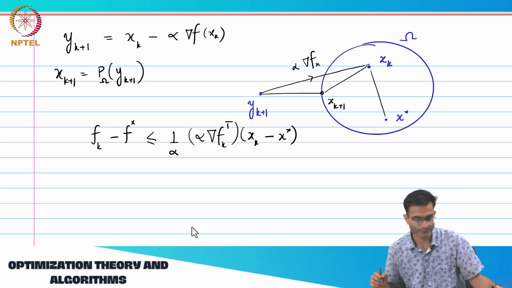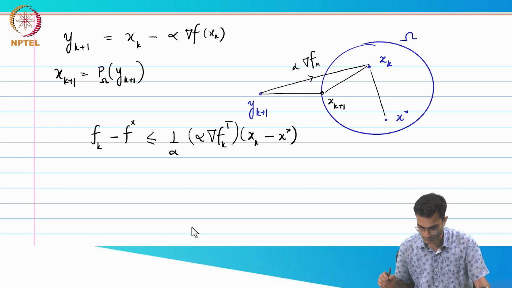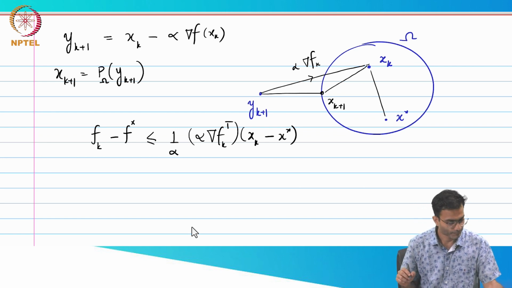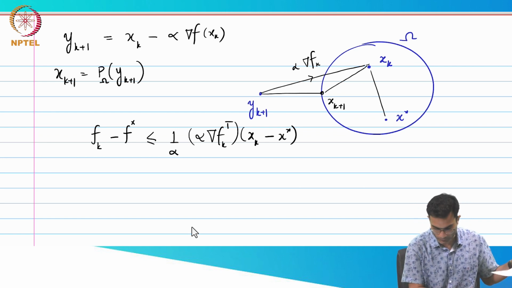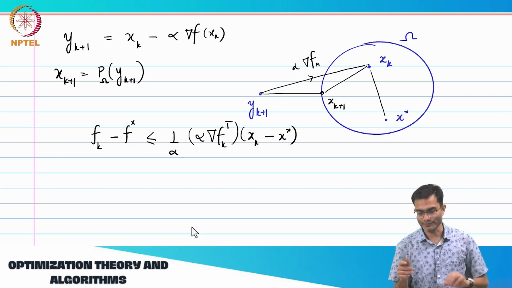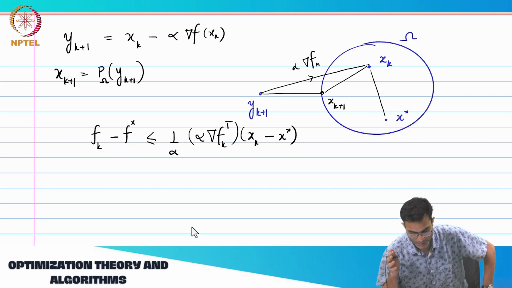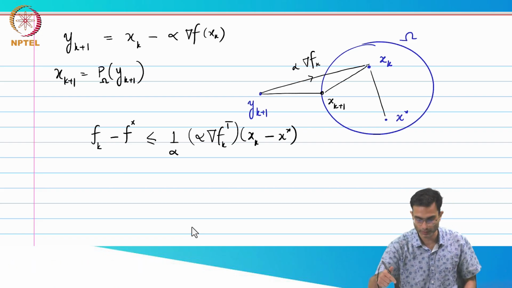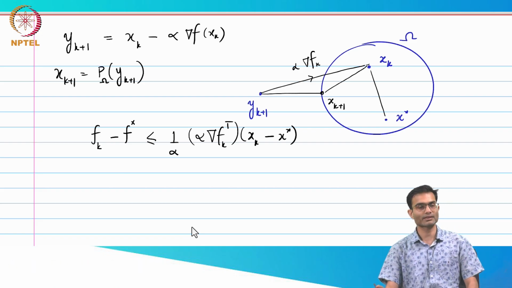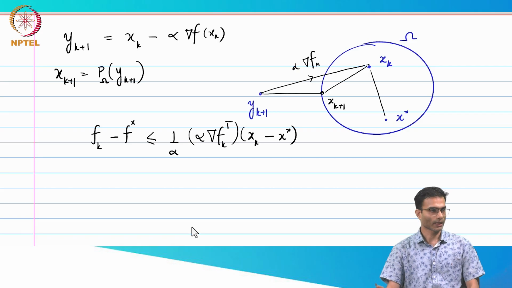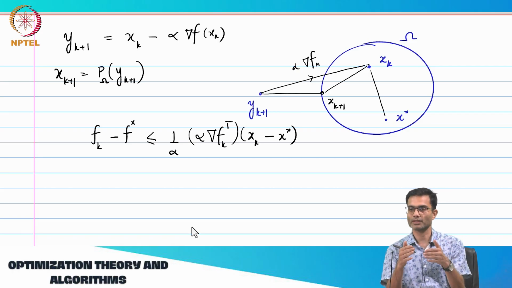Everyone with me so far? Now I have two vectors: alpha grad f transpose, which I have sketched over here, and the other vector xk minus x star, and I have the inner product of these two.